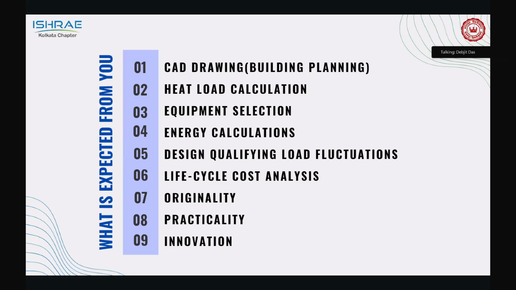Then the energy calculations. For example, how much would the AC bill or the air purifier bill be? These watt-hour calculations would be there. Then there is design qualifying and load fluctuations. So you need to design in correspondence with the load fluctuations.